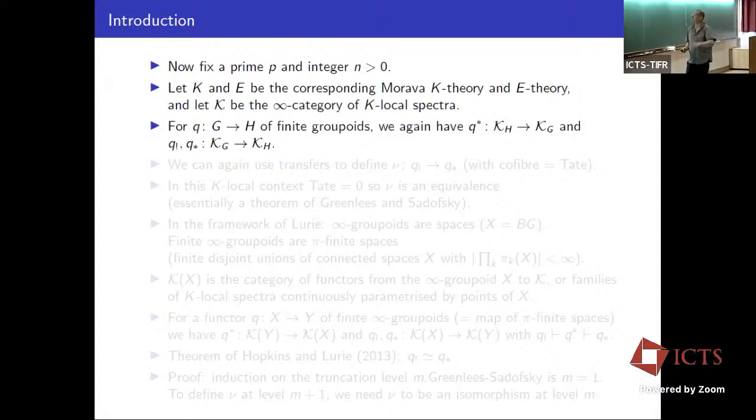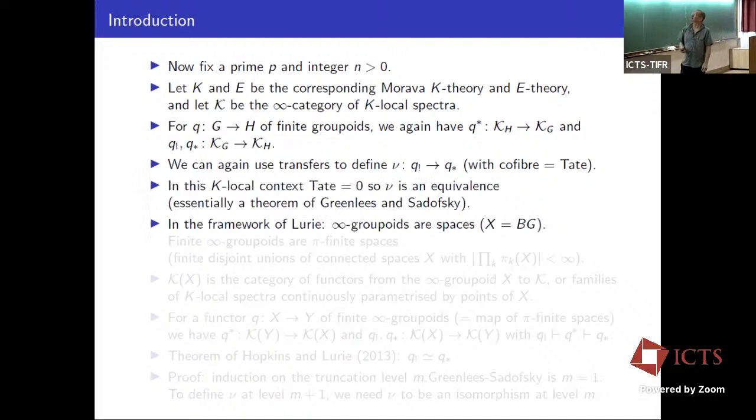And so again, you can have representations of a finite groupoid in this category curly K, and you've got your pullback functor, the left adjoint and the right adjoint, and there's nothing new yet. It's the same as with general spectra. We've got this transfer map from the left adjoint to the right adjoint, and the cofiber is the Tate construction. But in this context, the Tate construction is 0.